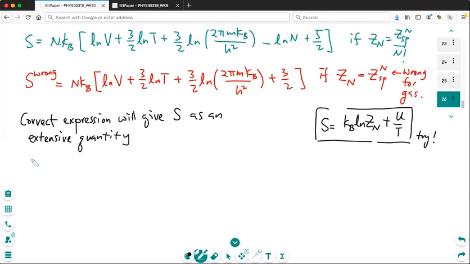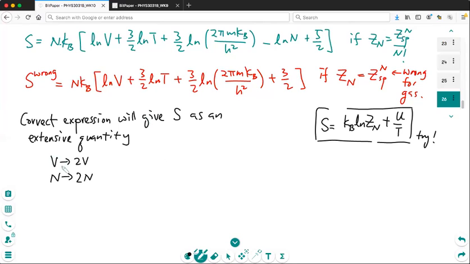We simply double the system size and see whether the entropy doubles. So if V goes to 2V, the volume increases by a factor of 2, and the number of particles also increases by a factor of 2. You take the same system, put it next to each other, and treat it as a new system. The entropy has to scale accordingly. We learned this many times in this course.